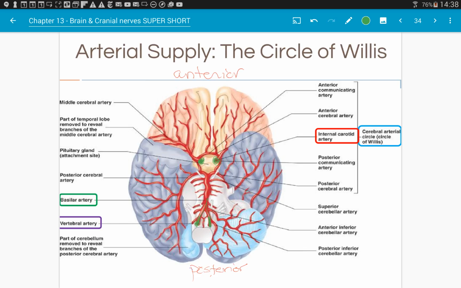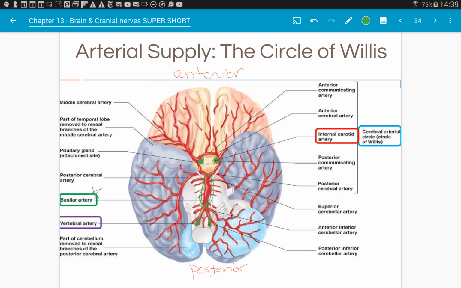The vessels that tend to come together and get larger and larger are the veins. So for arteries to come together to form a larger artery is very uncommon. That larger artery formed when the 2 vertebral arteries come together is your basilar artery.